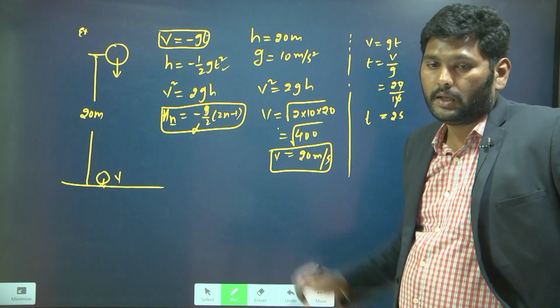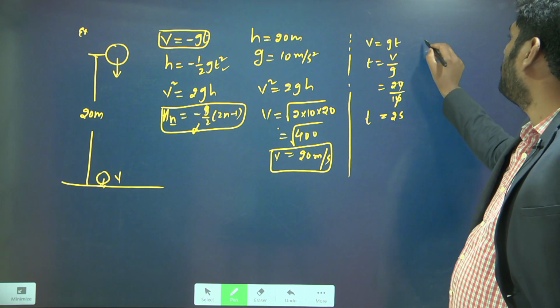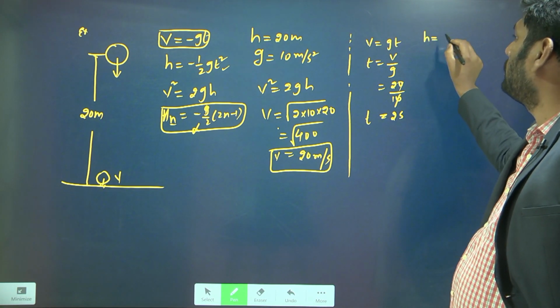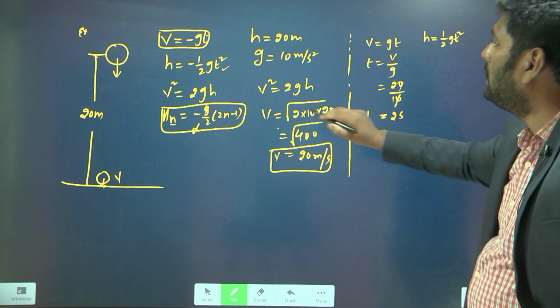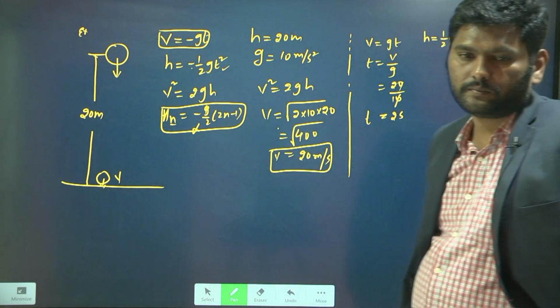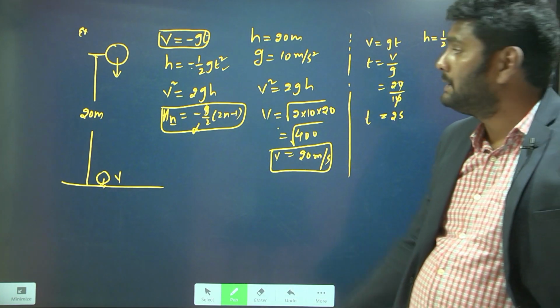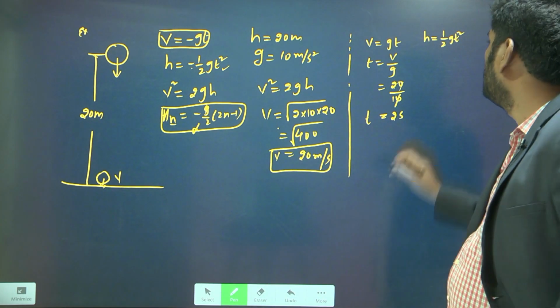Even you can find the same answer with the second equation of motion. If I use the second equation, h is equal to half g t square. Here the minus sign indicates that the height is in the negative side, so I am removing the sign here.